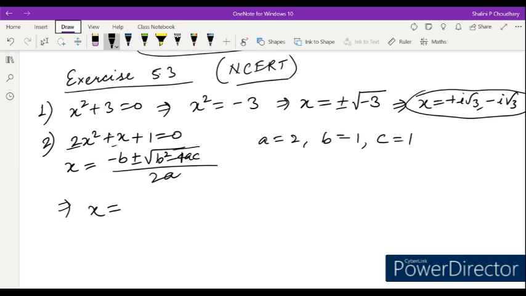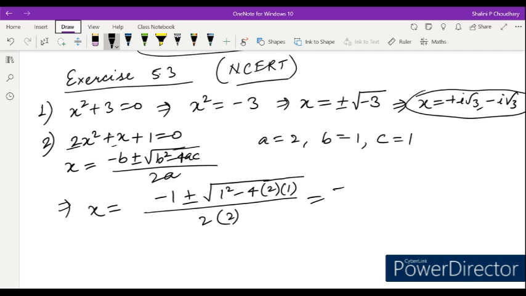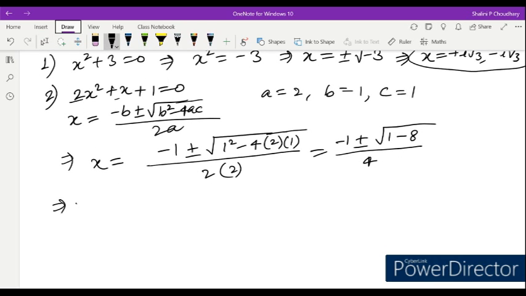So it will be x is equal to minus b, तो minus 1 plus minus square root of b square, 1 का square minus 4 into a का value is 2 and c का value is 1, divided by 2 into a, that is 2. So minus 1 plus minus square root of 1 minus 8 divided by 4. Okay, so x का value will be minus 1 plus minus square root of minus 7. So square root of minus 7 will be I root 7, divided by 4.